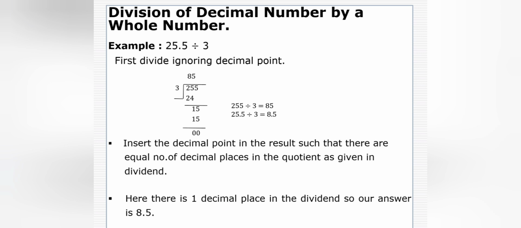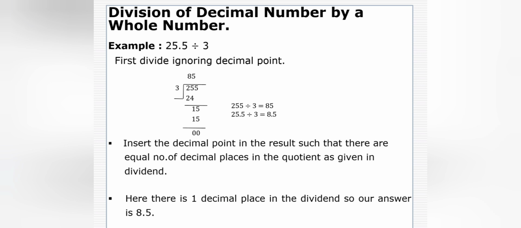Moving to the next point, division of a decimal number by a whole number. Here, let us understand this by one example. While dividing a decimal number by a whole number, first we have to divide it ignoring the decimal point. Here 25.5 divided by 3. Let us divide it without putting the decimal point.